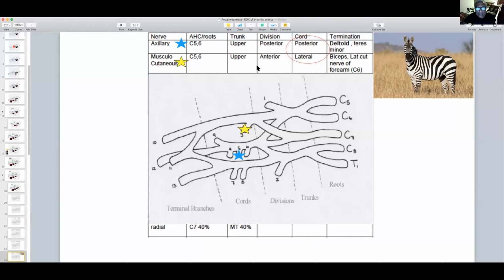Because axillary nerve and musculocutaneous nerves share the same nerve roots, come from the same trunk, but they go through different cords. If you want to differentiate a posterior cord from a lateral cord lesion, what muscle must you look for?